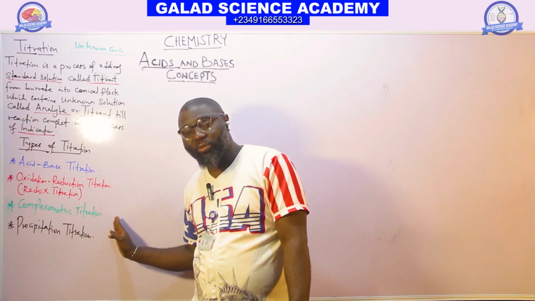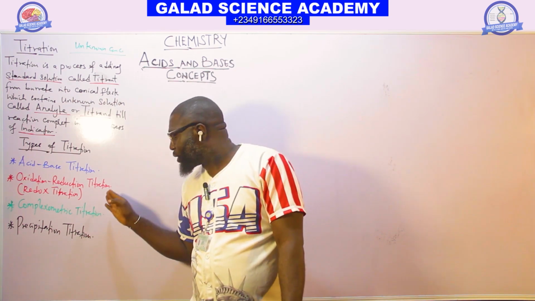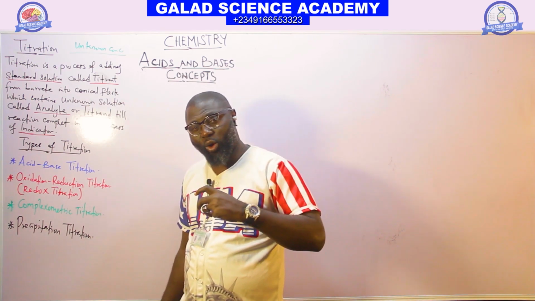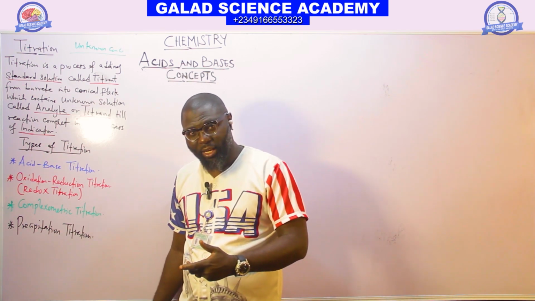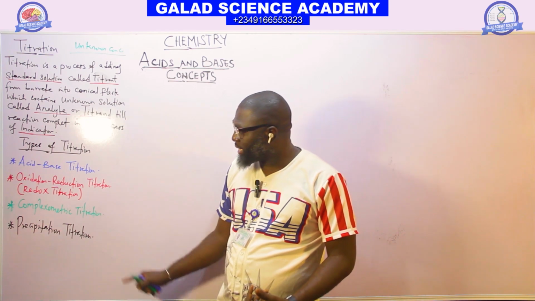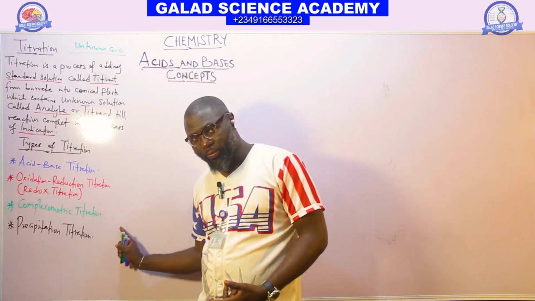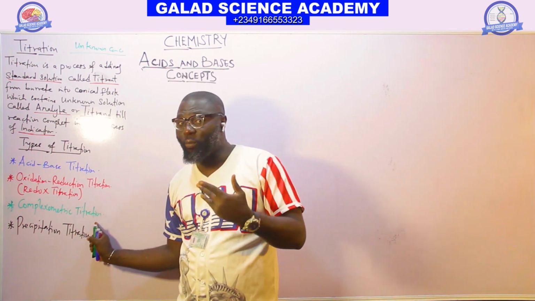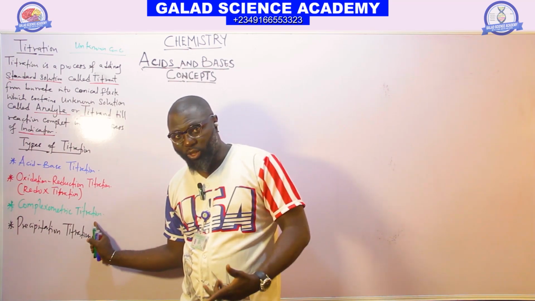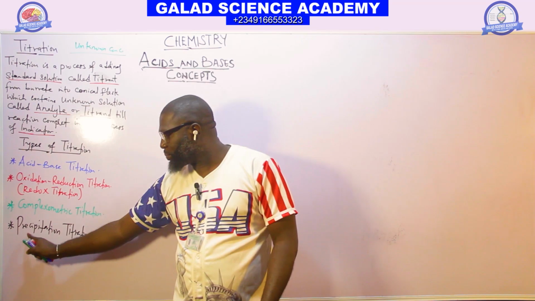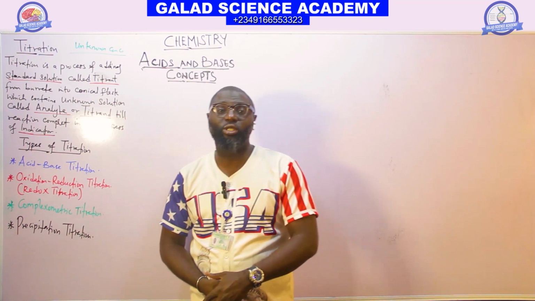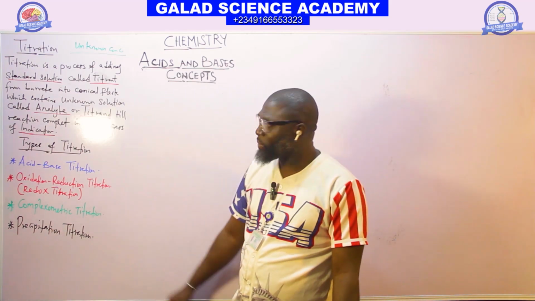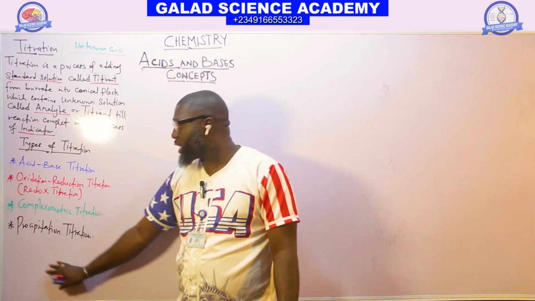Complexometric titration is used to determine the concentration of a complex with metallic ions, formed by a coordinate covalent bond. Precipitation titration is used to determine the concentration of a precipitate substance in solution. That is the definition for the three of them.